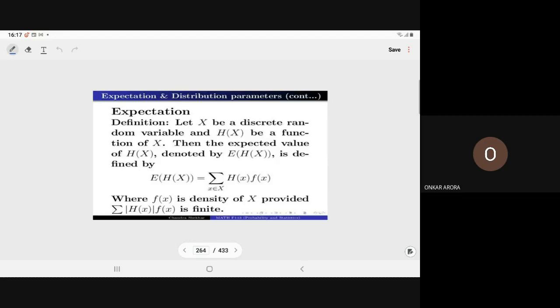So here I am defining expectation. What is the definition of the expectation? Let X be a discrete random variable and h(x) be a function of X. So when X is a random variable, then h(X) is also a random variable, right? A function of a random variable is also a random variable.